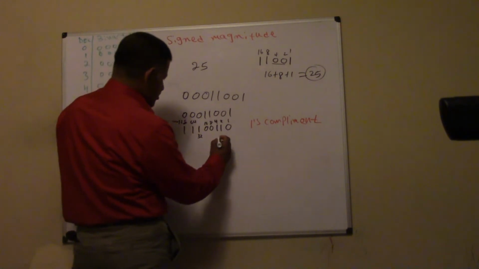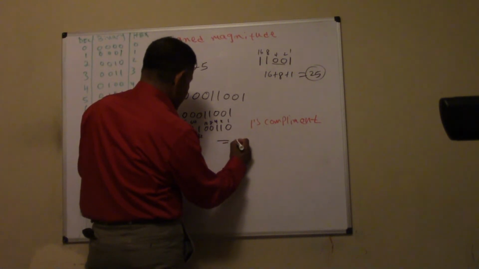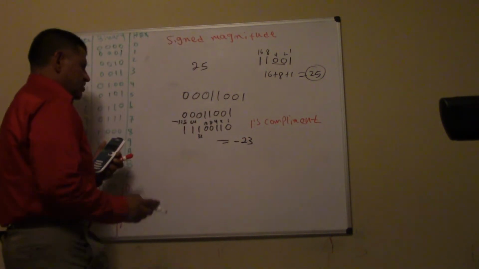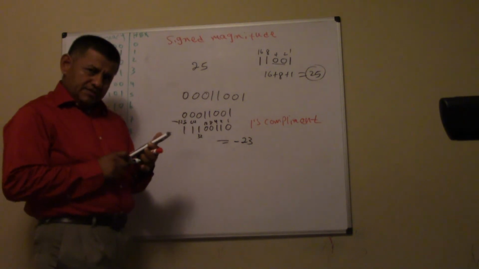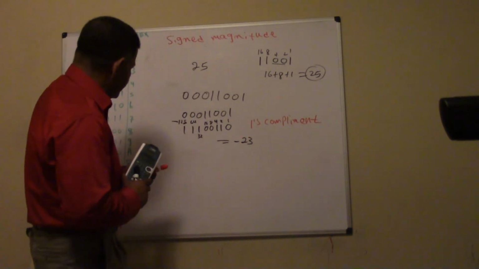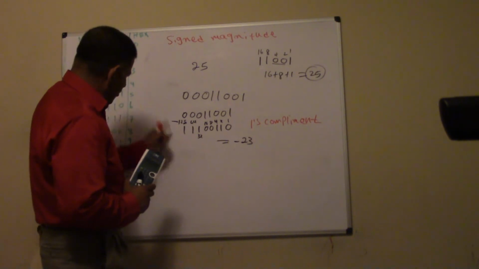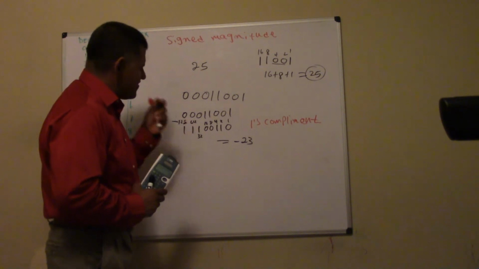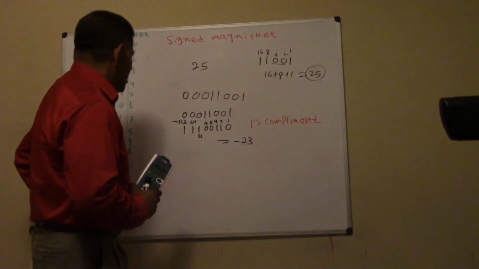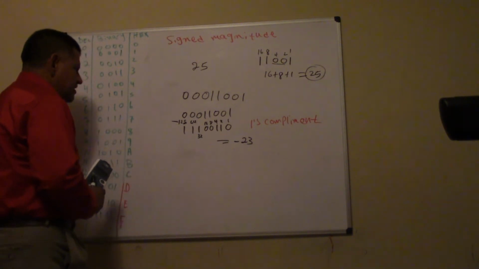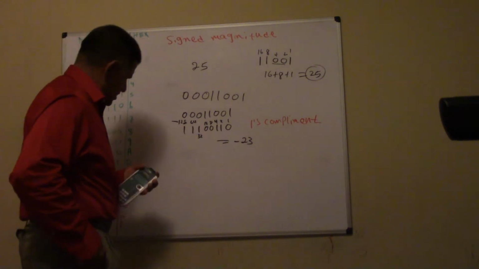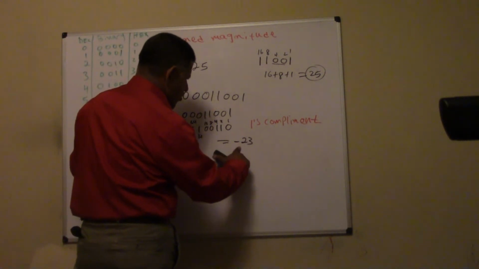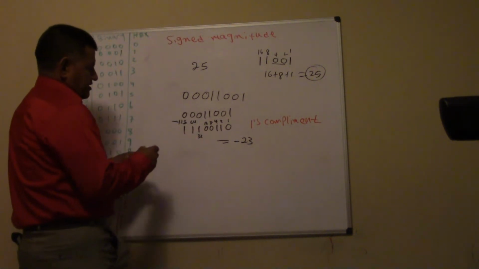So the one's complement also does not give me negative 25, and what I am looking for is negative 25. Okay, so how do we actually overcome this problem? We know we got negative 23 in the one's complement.